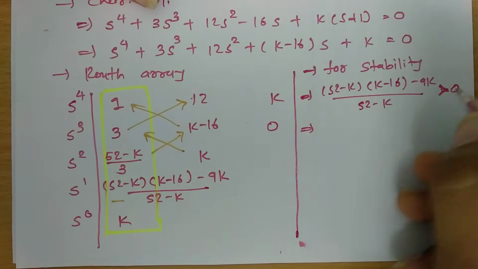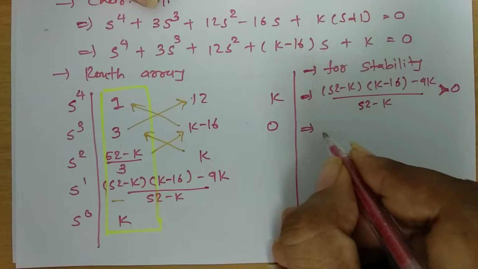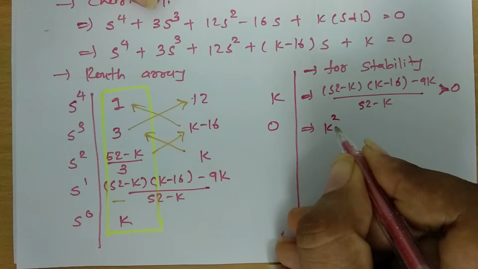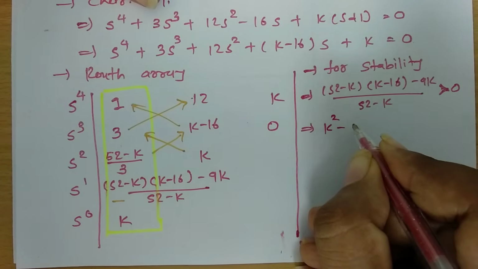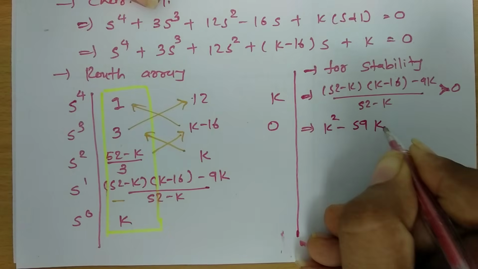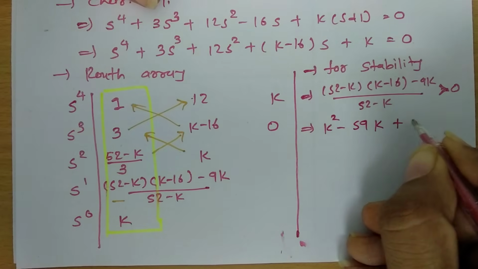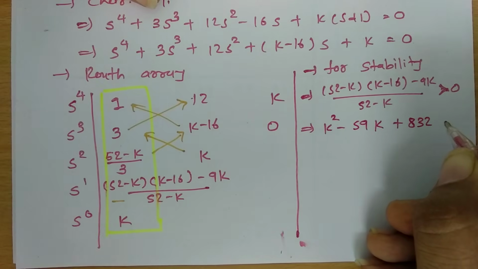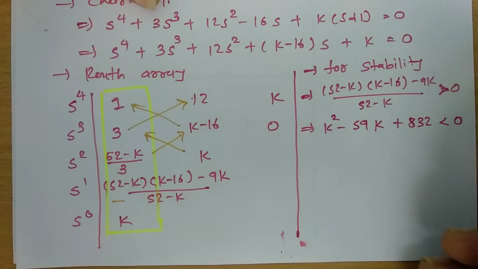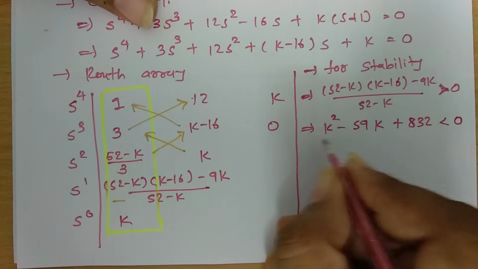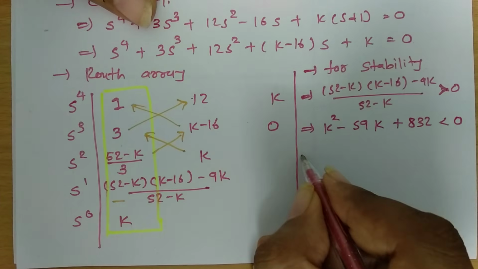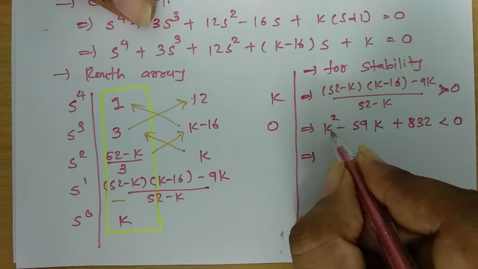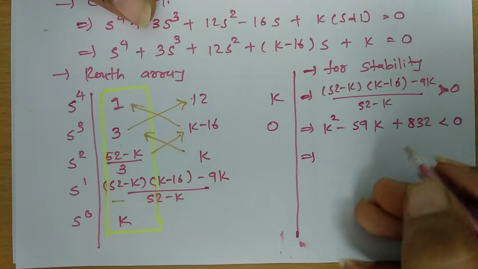So again if I simplify this, that will result in k square minus 59k plus 832, that should be less than 0. If I simplify this, I will have two values of k, because this is second order in k.